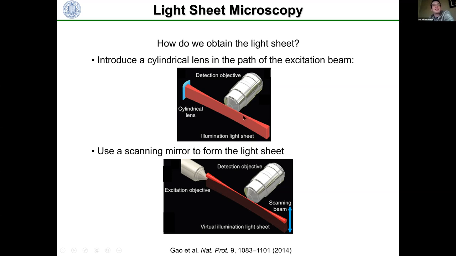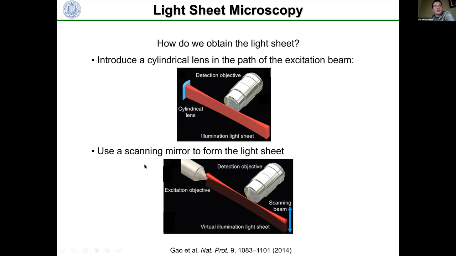So at the edges of the field of view, your Z resolution is not as good as in the center. But people are trying to address this with other illumination schemes, like, for example, Bessel beam, Airy beam, that can sort of push this further.